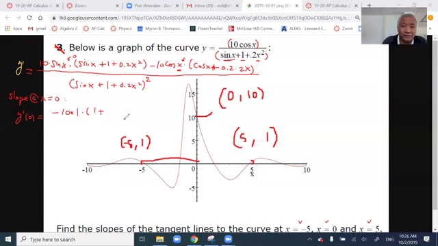But this other part will be 0, all right? Divided by the bottom one. This is 0, this is 0, just 1. 1 squared is still 1. So you will have negative 10. That's the slope when x equals 0.